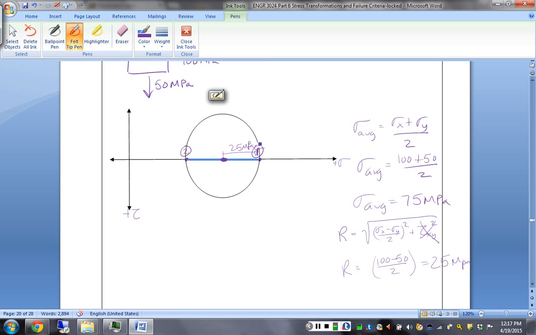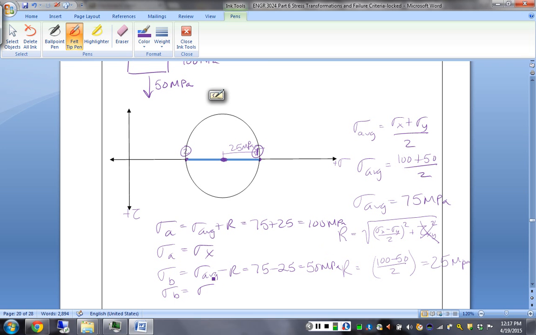So in this case, our sigma A is equal to sigma average plus R, which is 75 plus 25, or 100. Sigma X is sigma A in this case. And similarly, sigma B is the average minus the radius. 75 minus 25 is 50.